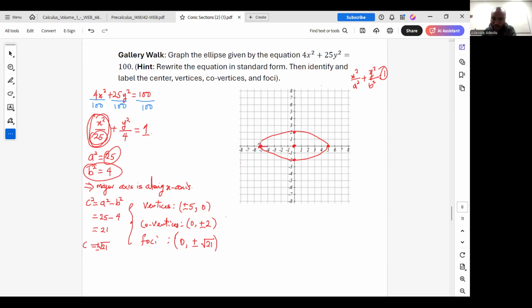Okay, so this is my major axis, and this is my minor axis. So here, I would say this is vertex, vertex, co-vertex, co-vertex. This is center.